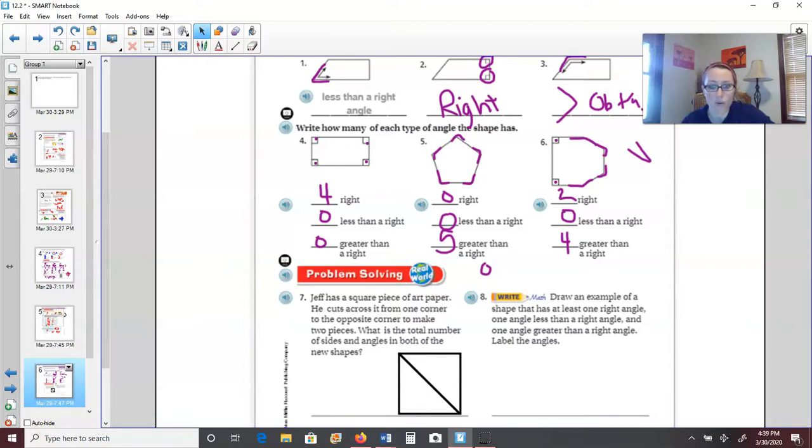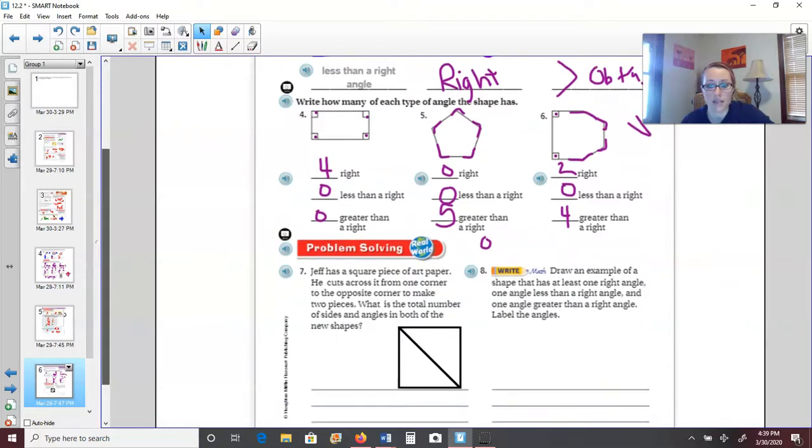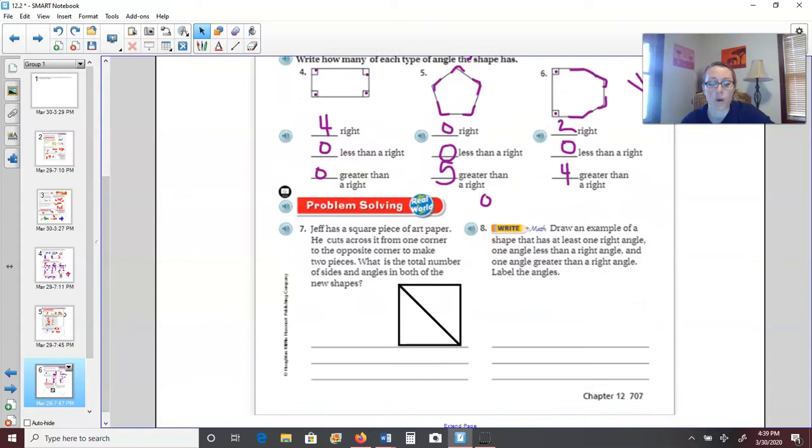What is the total number of sides and angles in both of the new shapes? So if you look, both of these new shapes look like what? Triangle. So here's 1, 2, 3 sides on that triangle, and then 1, 2, 3 sides on that triangle.